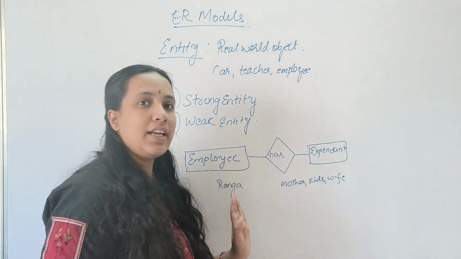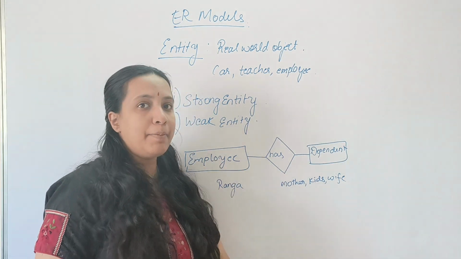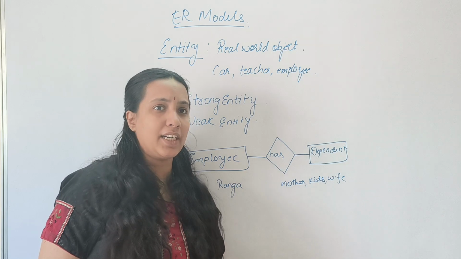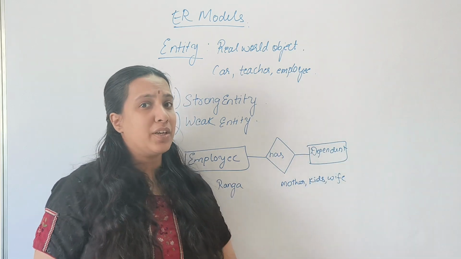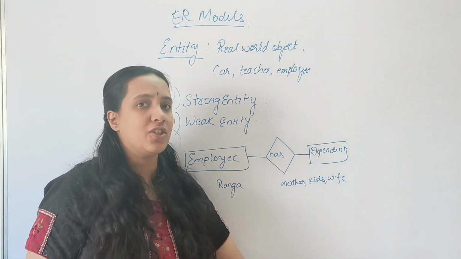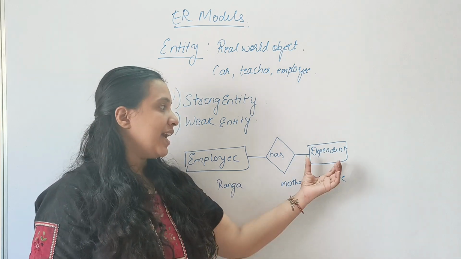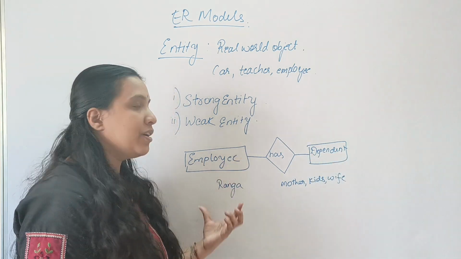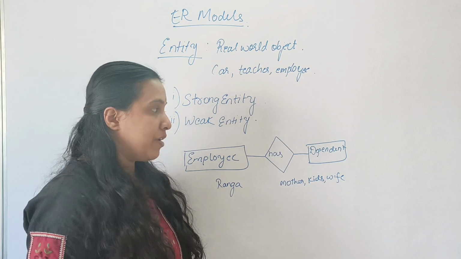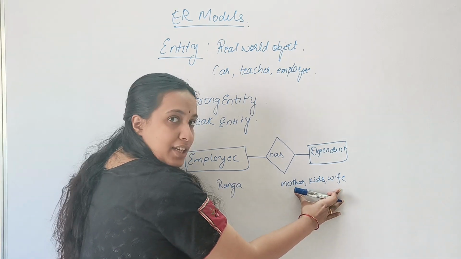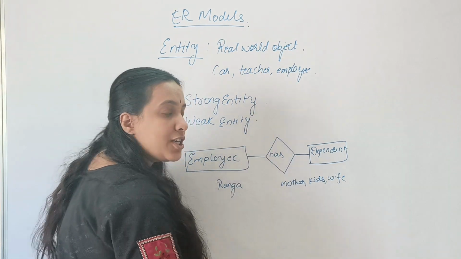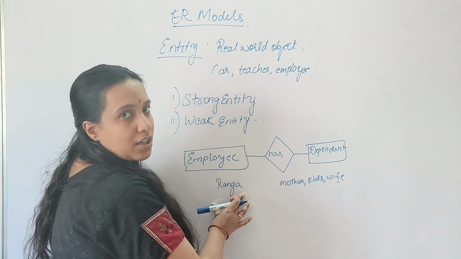They all depend on him. So, the company maintains the dependent data. Maybe they can use that data to leverage insurance, medical insurance, or anything. So, they have the list of dependents of the employee. Now, why does this information exist? Because Ranga is working in the company.